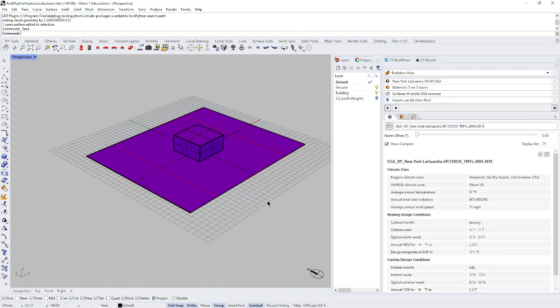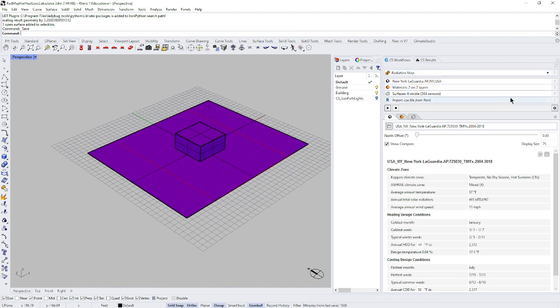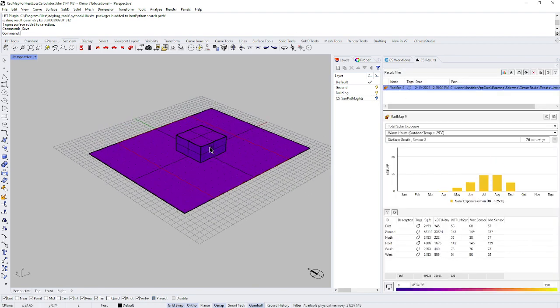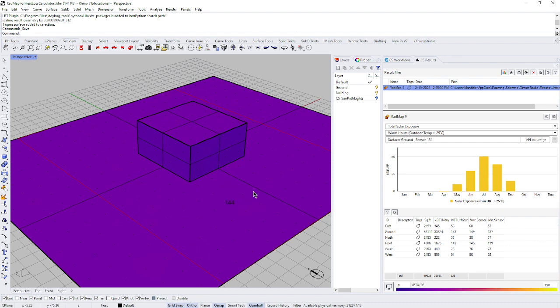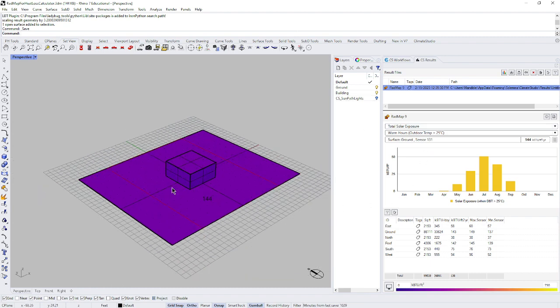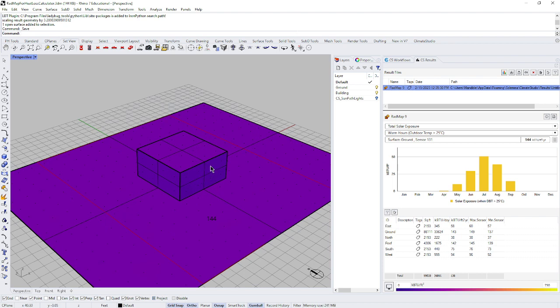I just made a box, and then I ran a radiation map simulation, which we did last semester. All I did was set this ground as concrete, and all these walls were also concrete, and I was able to measure the peak solar gain on any of these faces.